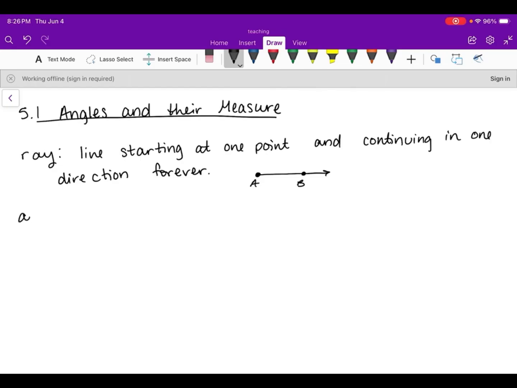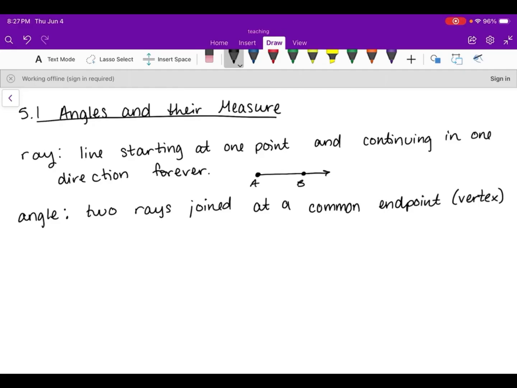So an angle is two rays joined at a common endpoint, which we will call our vertex.